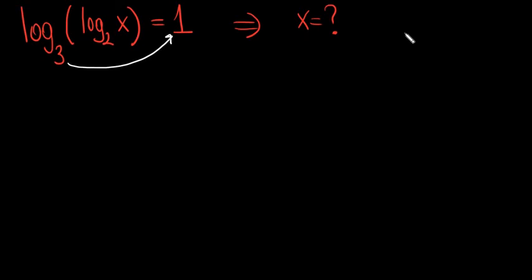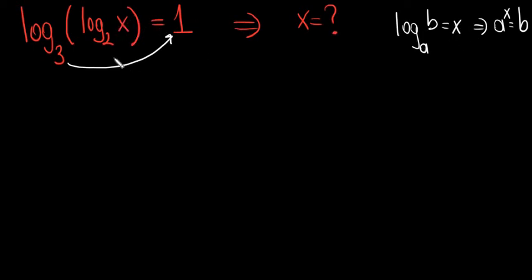Okay? So we know that log base a of b is equal to x when a to the power of x is equal to b. So in this case, a is equal to 3, b is equal to log base 2 of x, and x is equal to 1. Do not confuse this x and this x right over here.